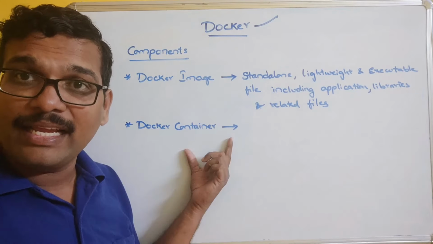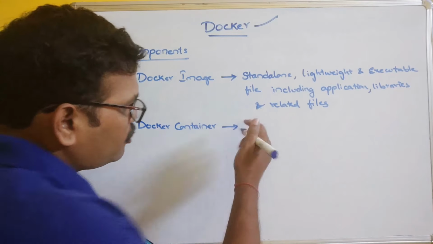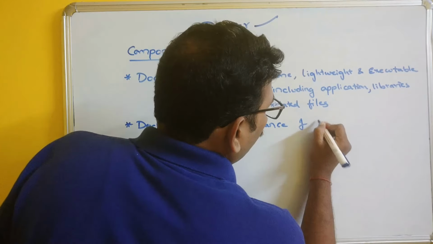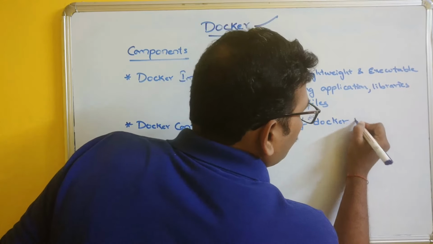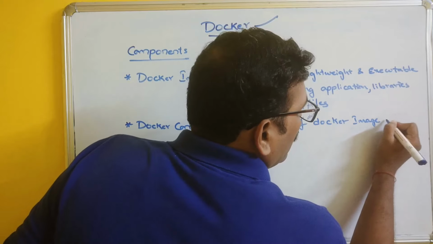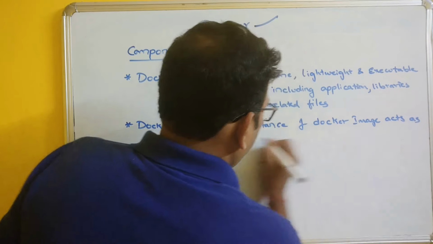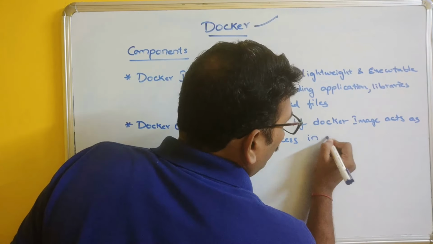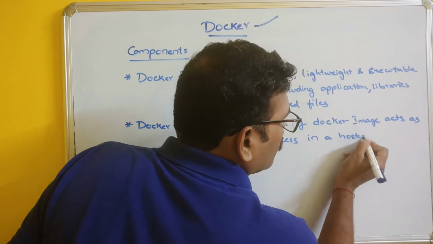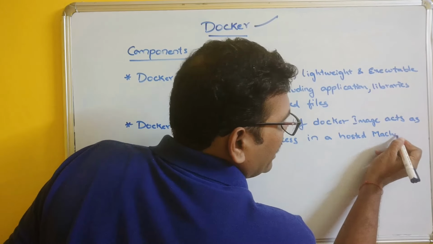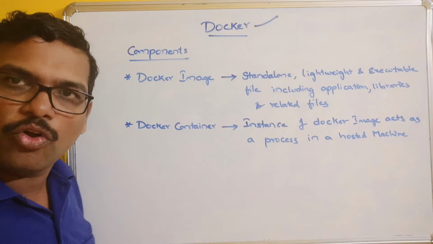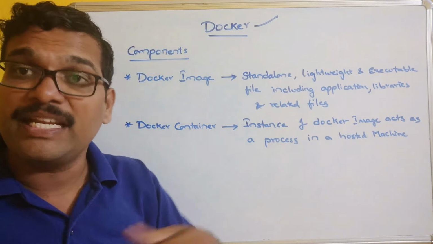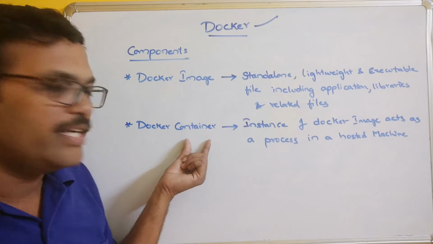So it is an instance of Docker image, acts as a process in a hosted machine. In which machine we want to install the Docker image, in that machine this particular Docker image will be acting as a process. That means execution.